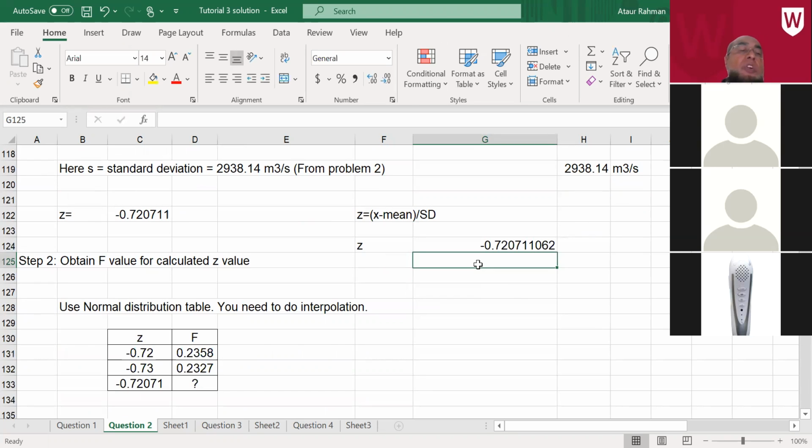Again, we have to go back to the table and interpolate for the F value this time.